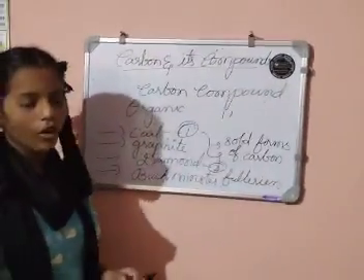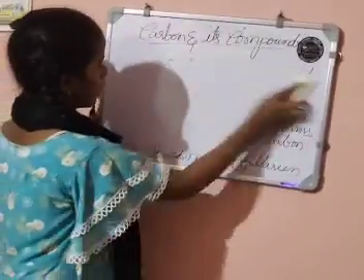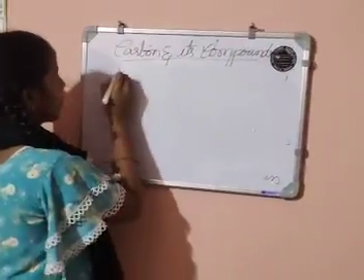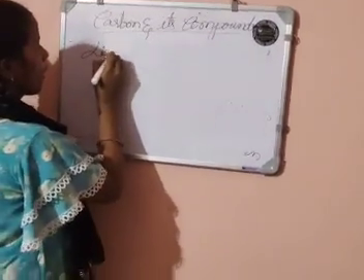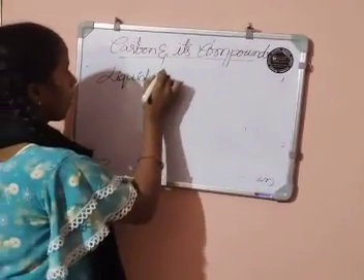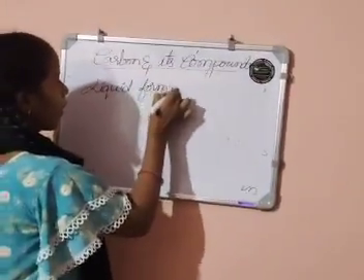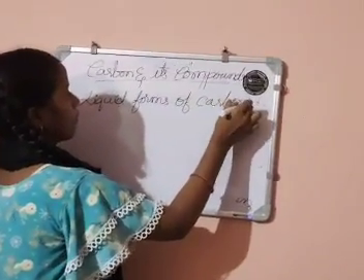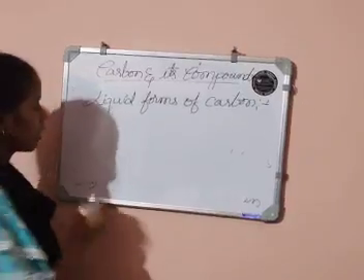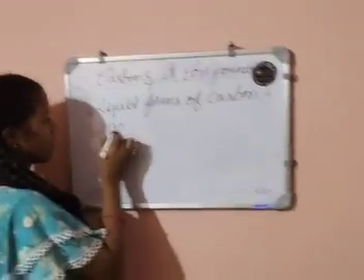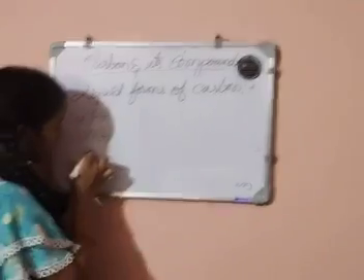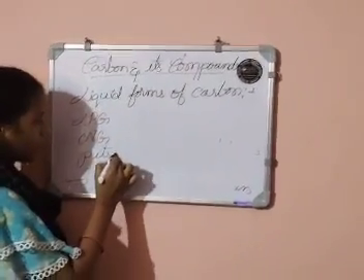Next, the liquid forms of carbon. Those are LPG, CNG, and petroleum.